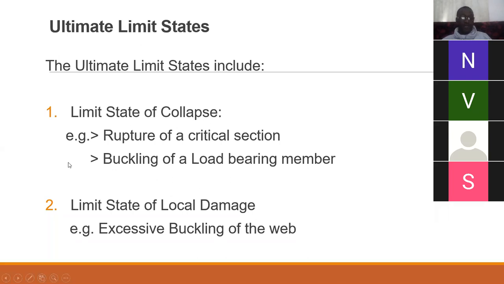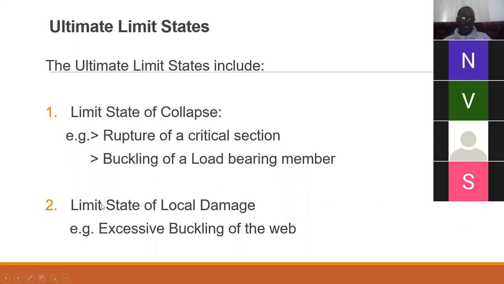The first limit state is called the limit state of collapse. The term collapse refers to rupture of a critical section or buckling of a load-bearing member. This one has a direct relationship to structural strength.